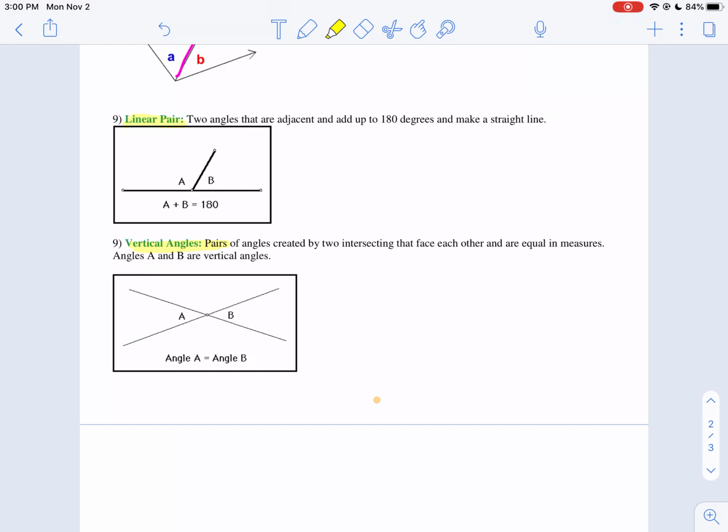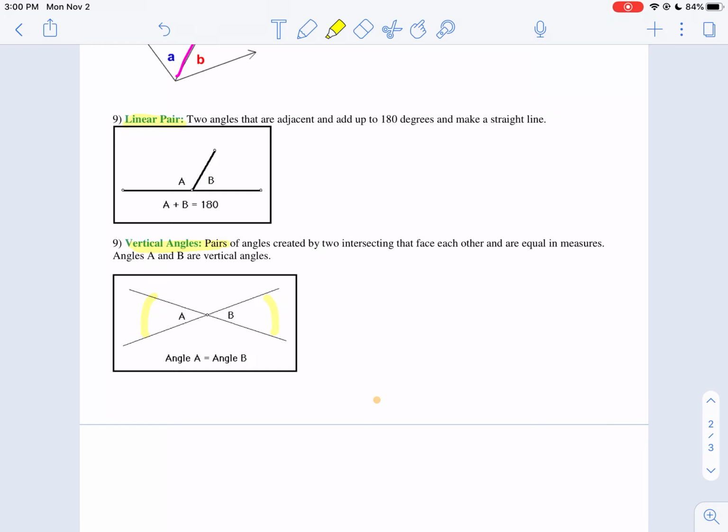Okay, every time you have two intersecting lines, you will have two sets of congruent angles. Okay, so vertical angles are always created when you have two lines that intersect, and the pairs of the vertical angles are always congruent. In our illustration, angle A is congruent to angle B, so they have the same size.